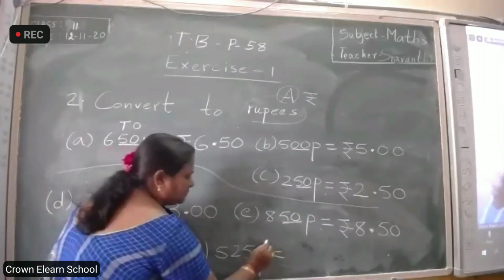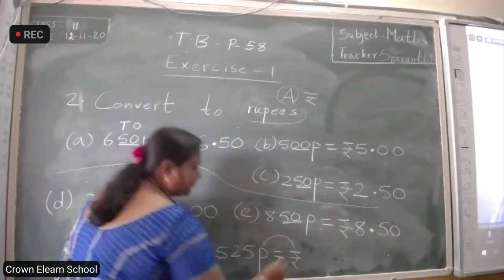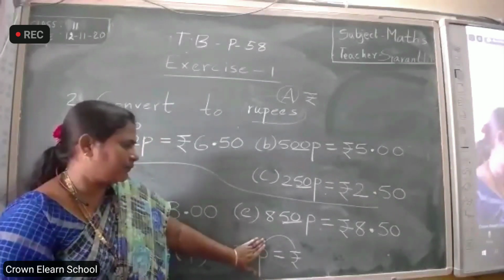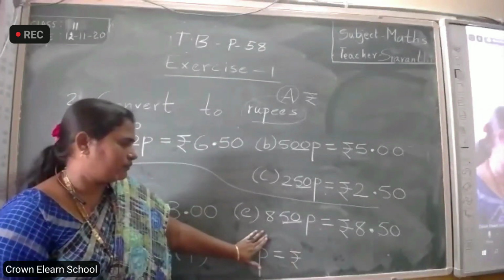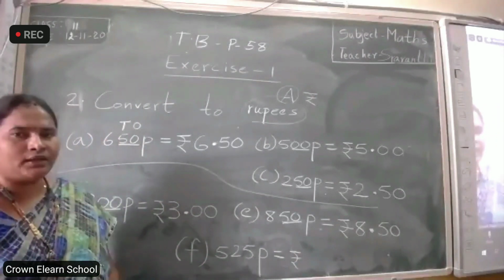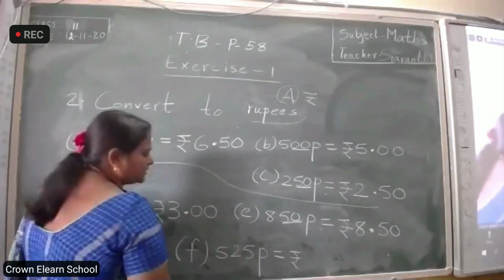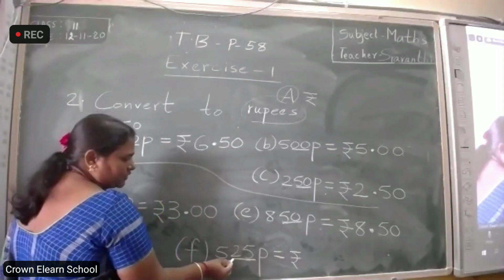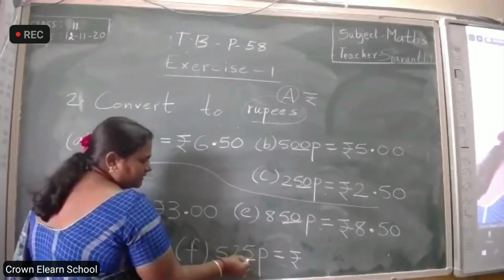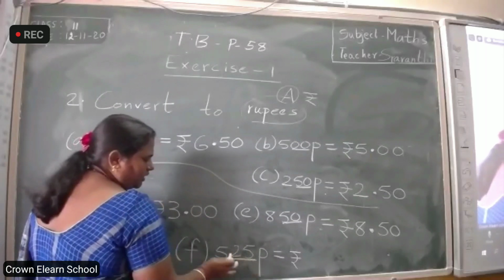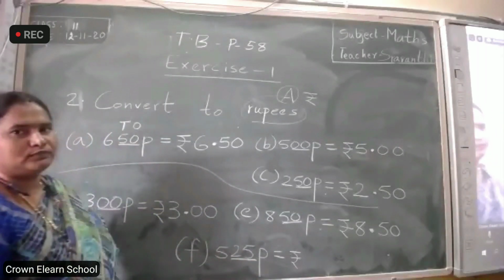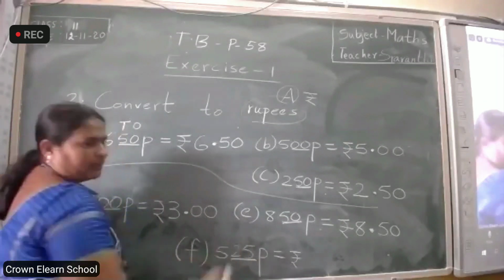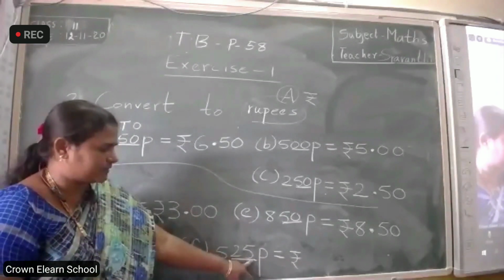So paise symbol to rupee symbol. Then we need 2 digits for paise. So ones place and tens place. Underline in the question. Ones place and tens place. 2 digits. Last 2 digits, I mean from the right side.